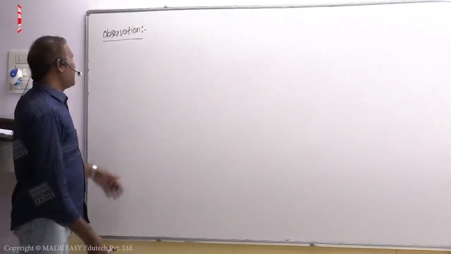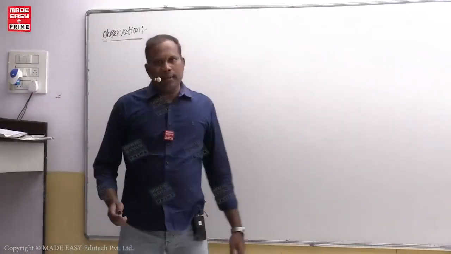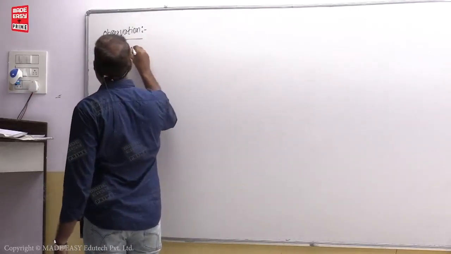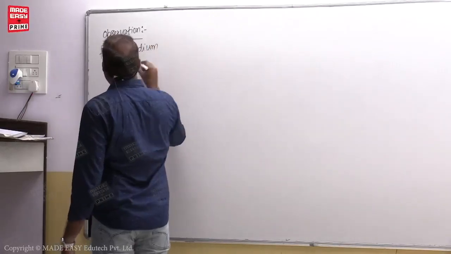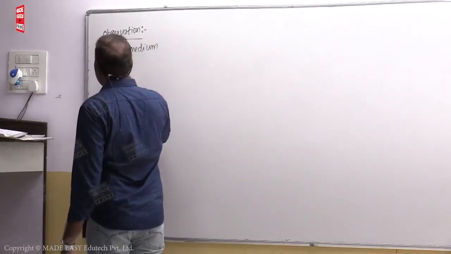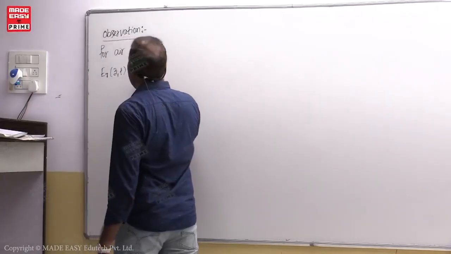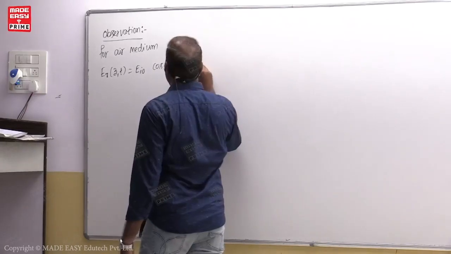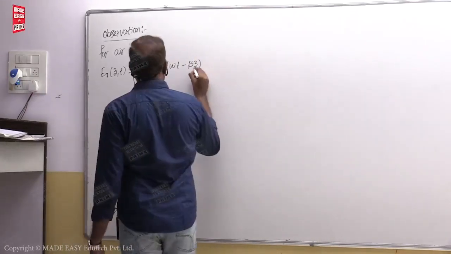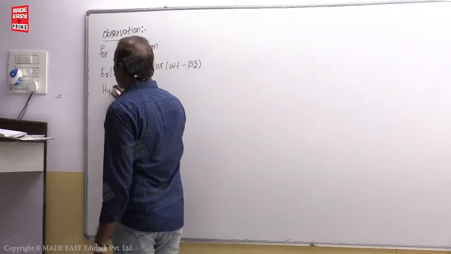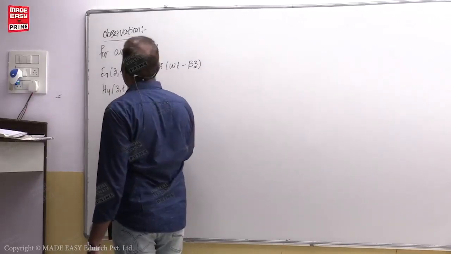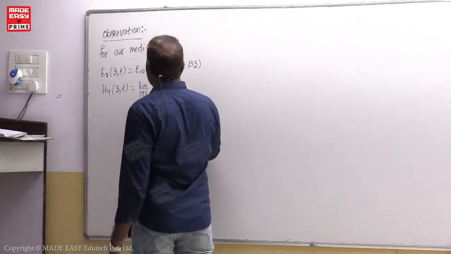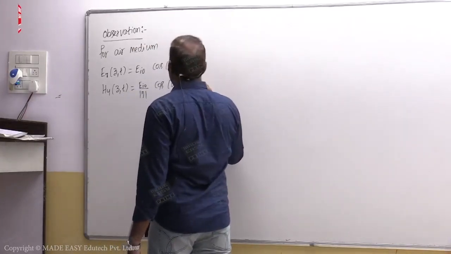So dear students, let us see one observation. For air medium, we have seen the electric field equation is Ei0 cos of omega t minus beta z, and the magnetic field Hy of z comma t is equal to Ei0 divided by modulus of eta, that is cos of omega t minus beta z.